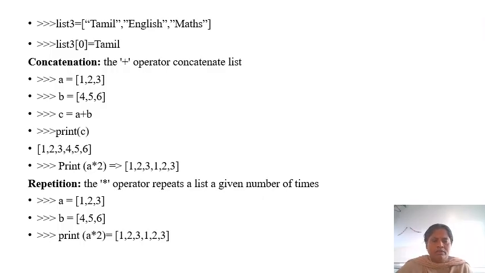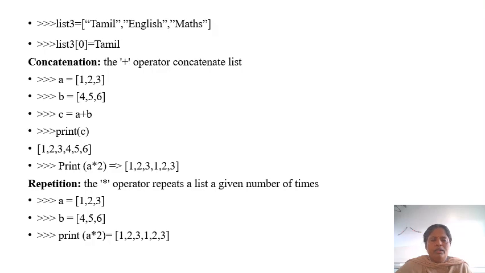Next one is repetition. Why do we need repetition? For example, if the same list of values is needed again and again and I want to repeat it more than one time, we can use the repetition operator. In Python, the repetition operator is star. Here is an example. A is equal to some values, B is equal to some value.